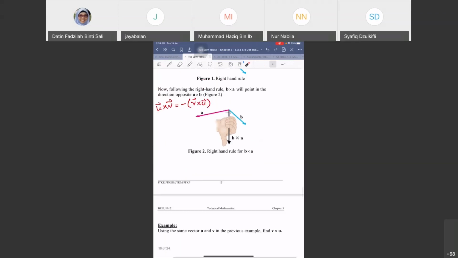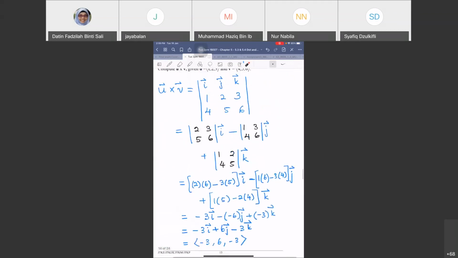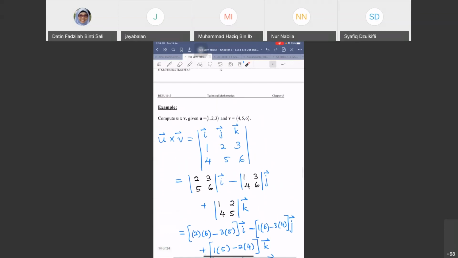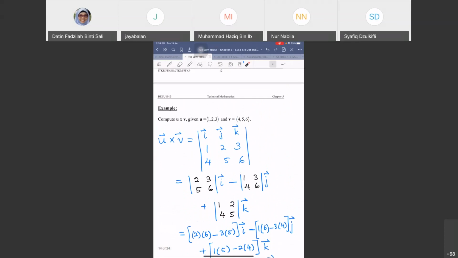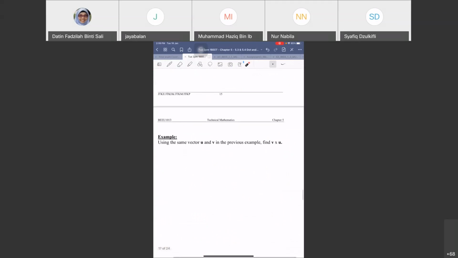Look at our components from the previous example: u is 1, 2, 3 and vector v is 4, 5, 6. Now we want to see what we get for v cross u.